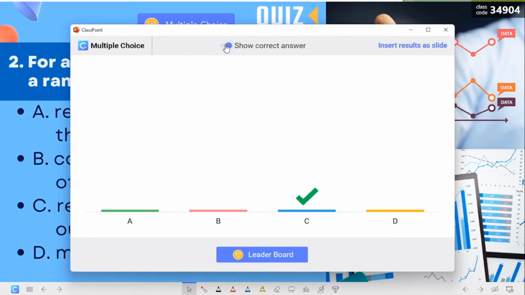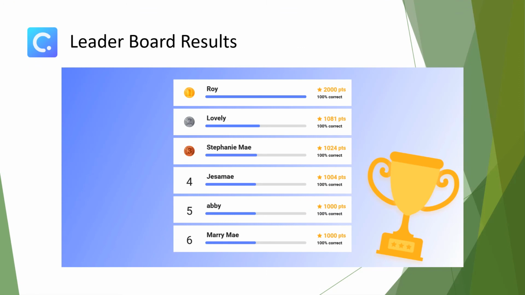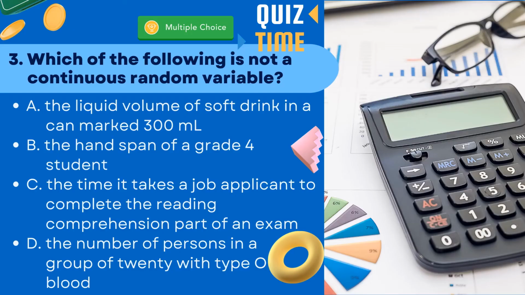Okay, C is the correct answer. Did you get it? That's amazing. On the scoreboard, still we have Roy in the first place with 2,000 points. Good job. Item number 3.